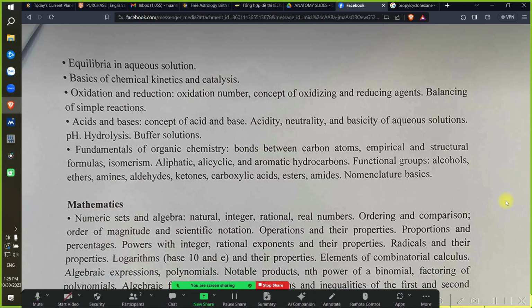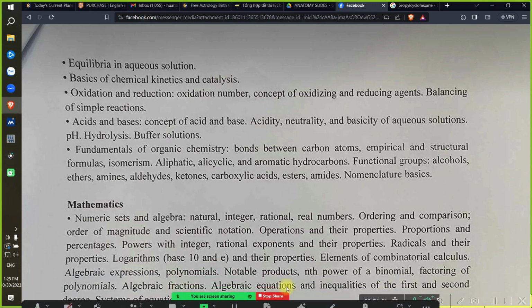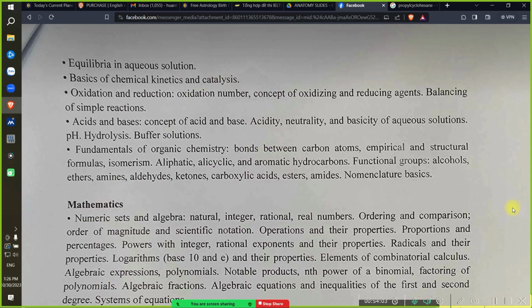So, aliphatic hydrocarbon contains alkane, alkene, and alkyne, the three things that we have talked about before.